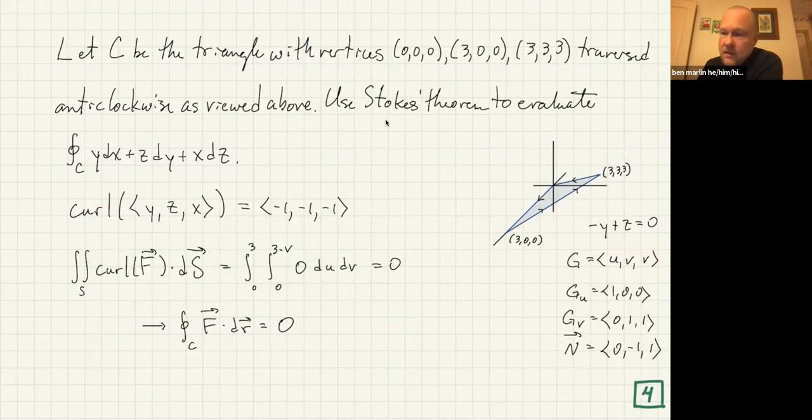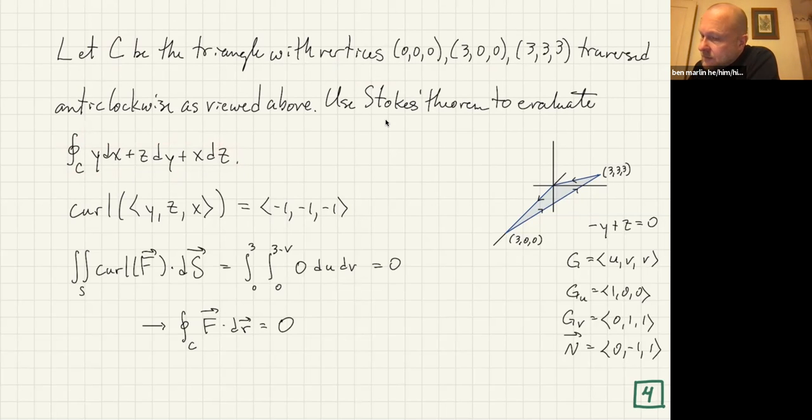All right, and this is the last one here. So the curve we've got is going to be a triangle with these vertices. And the question will be asked something in the form of calculate the circulation about the boundary, meaning to do the line integral.